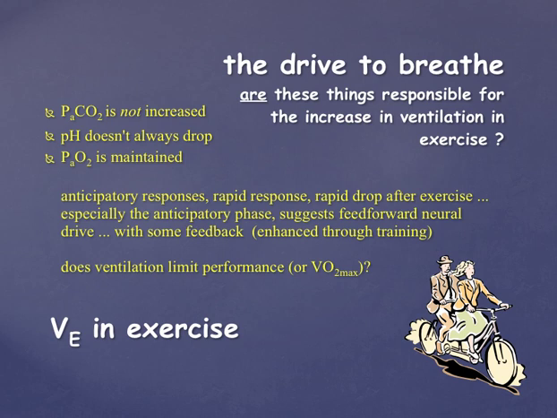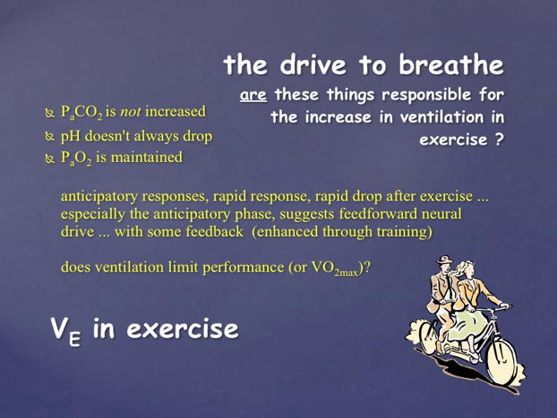VO2 reached its max and leveled off. So what it looks like is ventilation could have kept increasing if you hadn't stopped. So you didn't stop because you weren't breathing enough. The other way around, you didn't breathe more because you stopped. So just from that previous slide, you're going to say, well, it doesn't look like ventilation is a limiting factor.